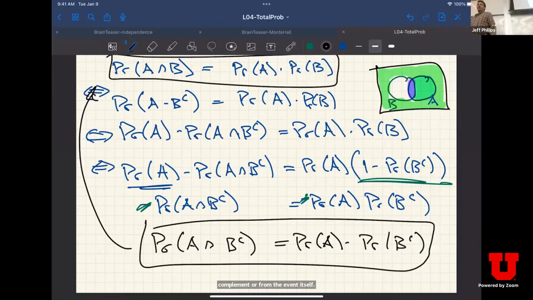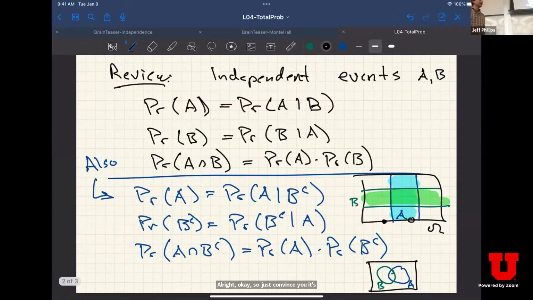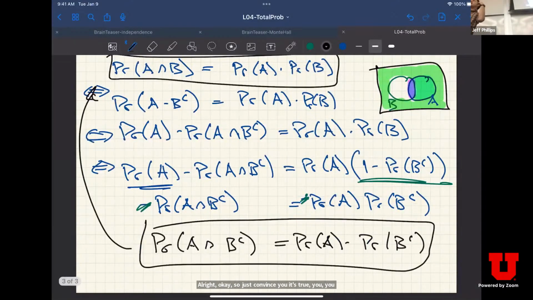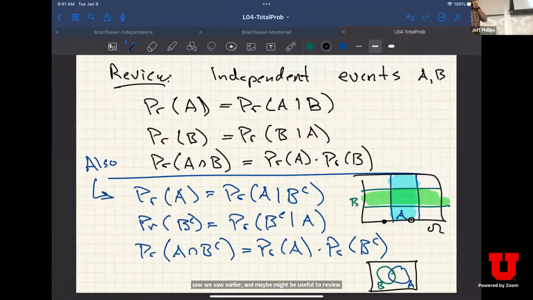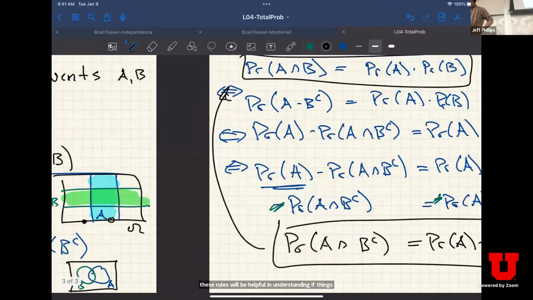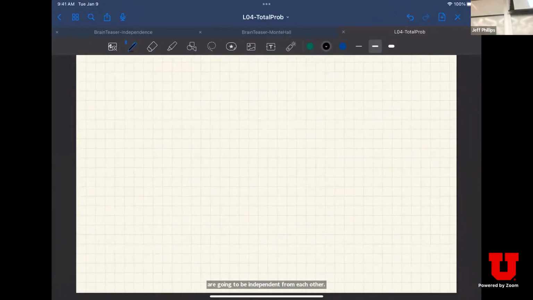Just to convince you it's true, these are useful rules that we saw earlier, and might be useful to review for your homeworks. But at this point, just knowing these rules will be helpful in understanding if things are going to be independent from each other. Okay. Good.